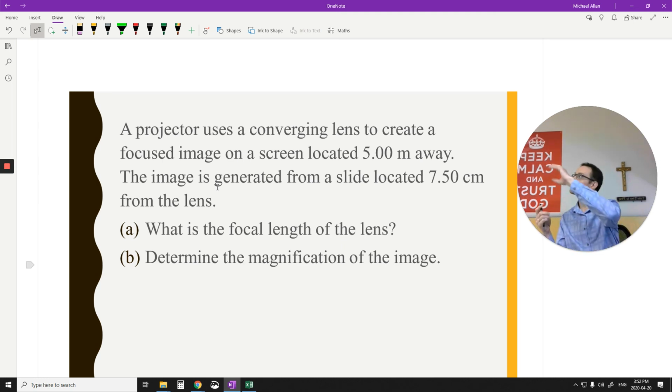On the other side of the lens in the projector, that's where the LCD part is happening. That's where the object is. It goes through the lens and it's on the same side as you. So in this third question, this focused image is a real image. This 5 meters away is the real distance. That's a positive 5.